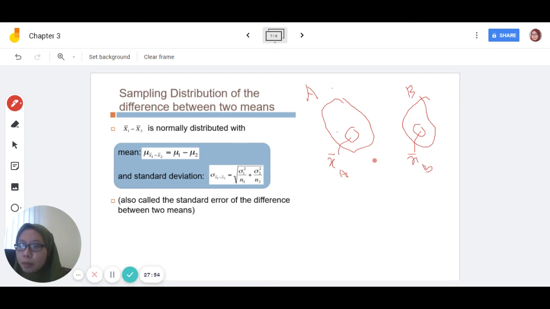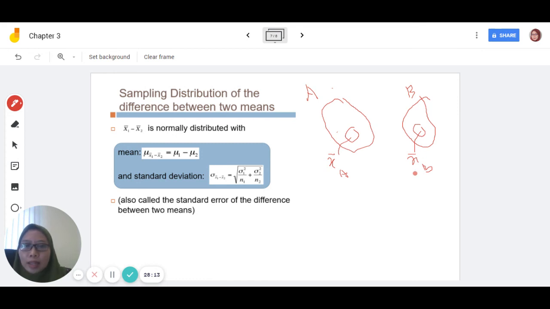Same as previously, we know the sampling error of the single mean, which is the difference between the sample mean and the population mean. Here you can compute the standard error, which is the difference between the two means.